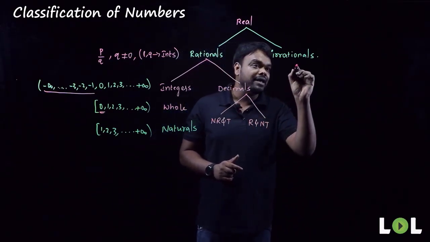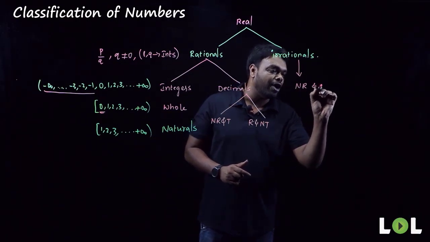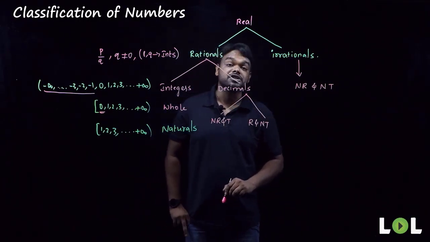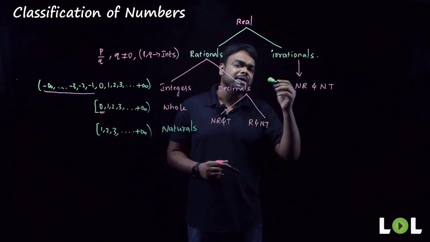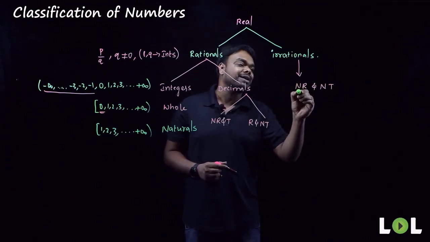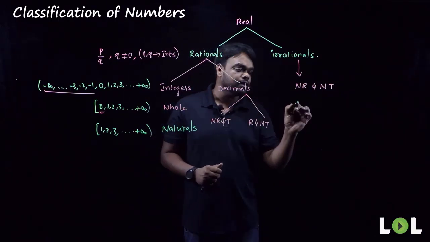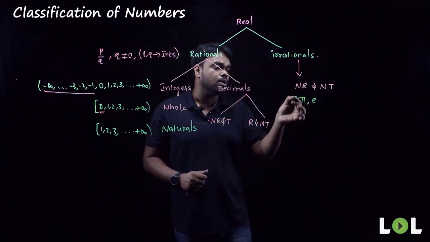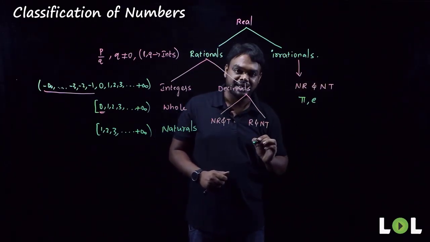Now if you speak about irrational numbers, all non-recurring and non-terminating decimals are nothing but irrational numbers. So if you ask what is the definition of irrational numbers, we can simply say irrational numbers are non-recurring and non-terminating decimals. Other examples include the value of pi and e. When you write the actual values of pi and e, they turn into non-recurring and non-terminating decimals.